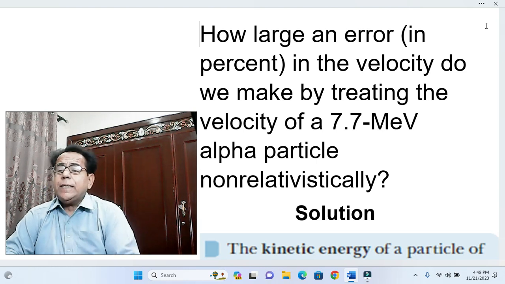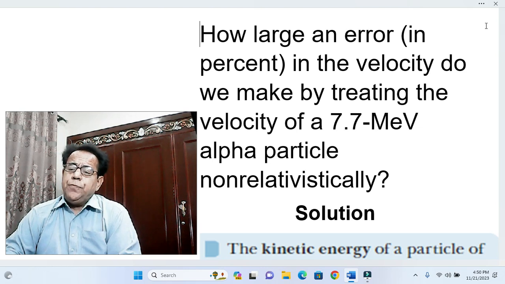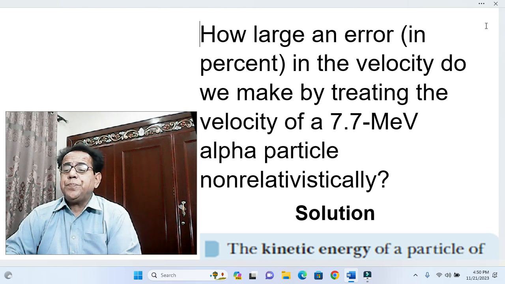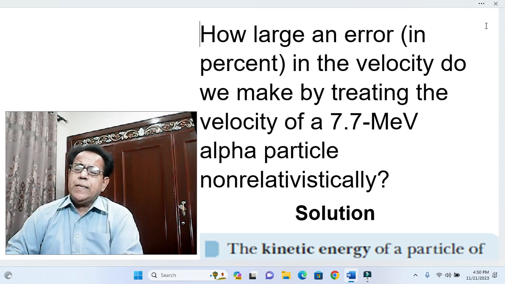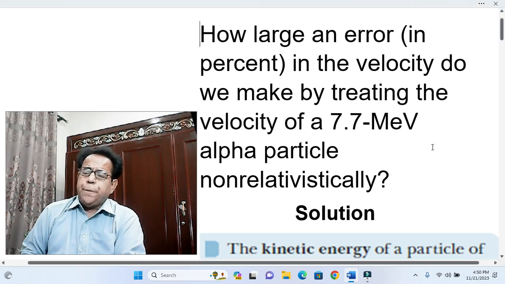Okay, dear students, actually in this problem we have to compare velocity classically and velocity relativistically. Similarly, some more things need to be compared in these two different systems, that is, classical and Newtonian.